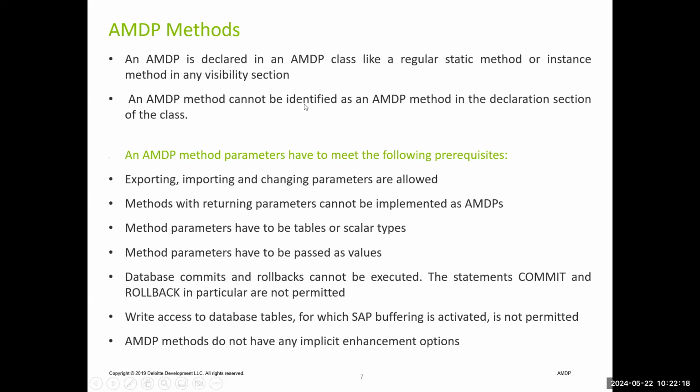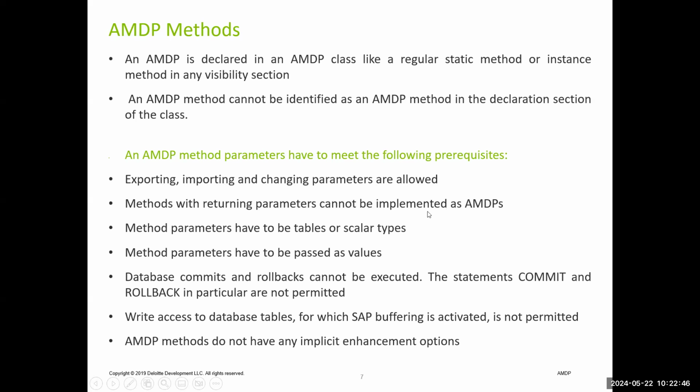An AMDP method cannot be identified as an AMDP method in the declaration section; I will come to this point now. In AMDP, we cannot have returning parameters. Exporting, importing, and changing parameters are allowed, but methods with returning parameters cannot be implemented as AMDP.